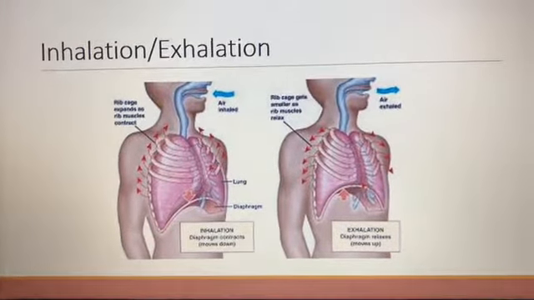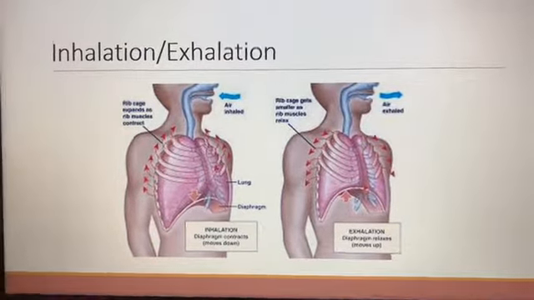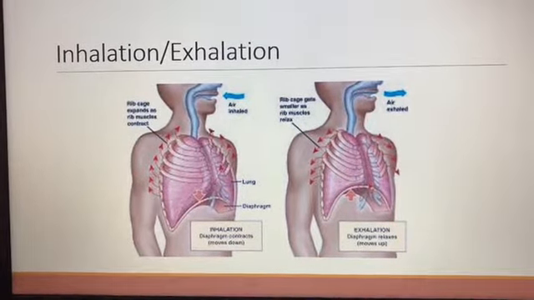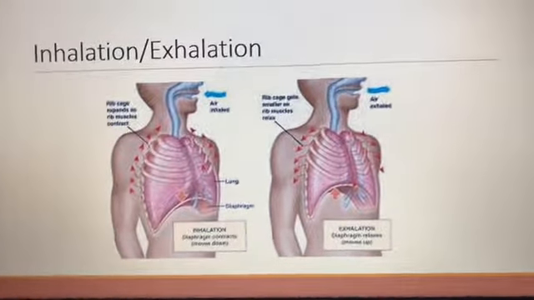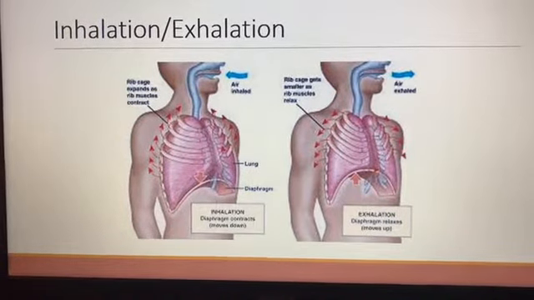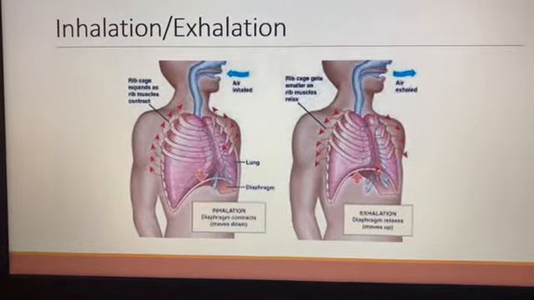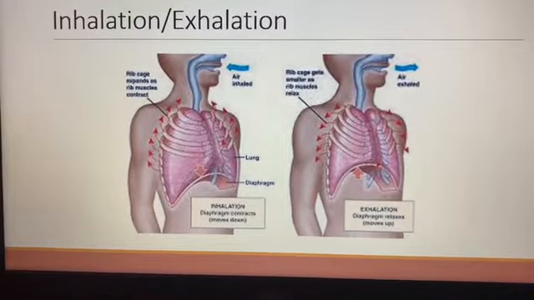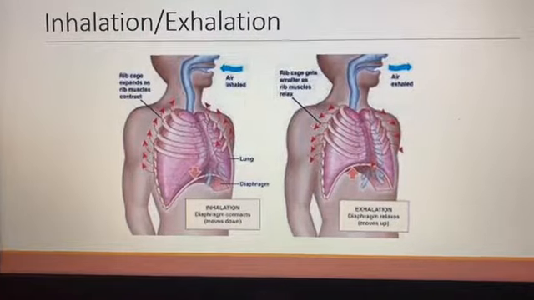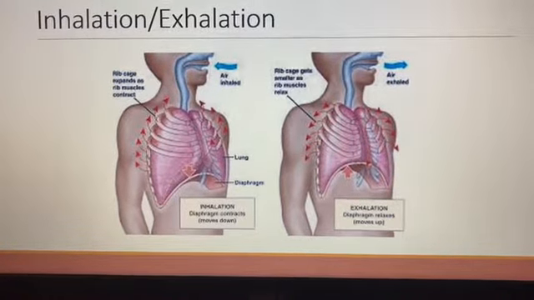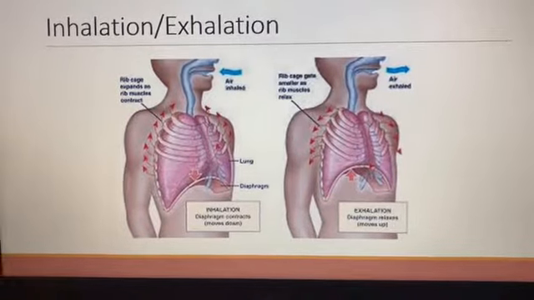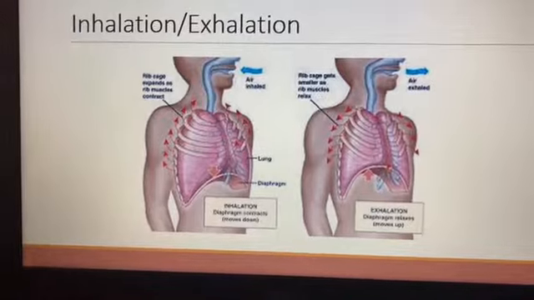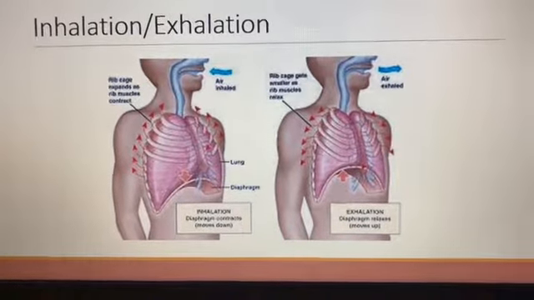And then with exhalation, or expiration, the diaphragm and the external intercostal muscles play a part in this. But instead of contracting, they relax, so it's the opposite. The fibers in the lung tissue cause the lungs to shrink back down to their original volume, and the pressure of the air inside the lungs increases above the air pressure outside of the body, and that makes the air go out.